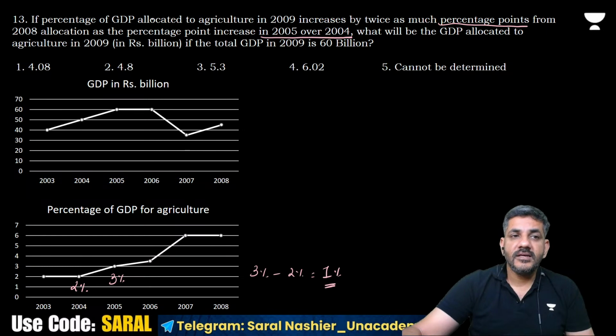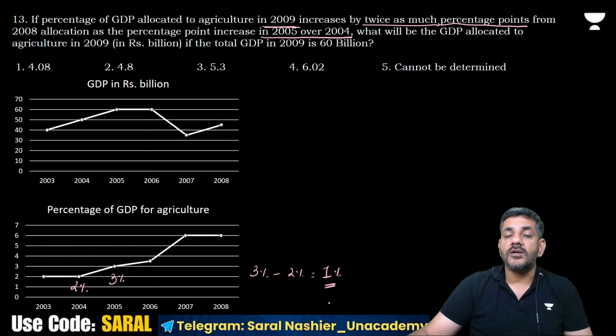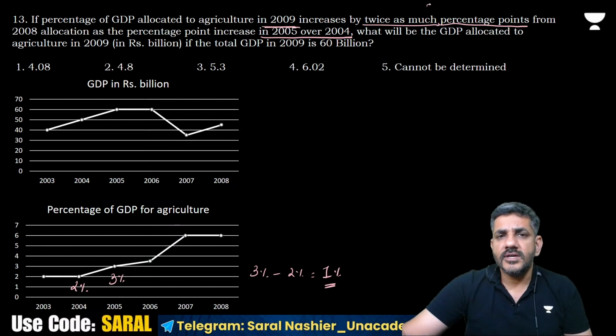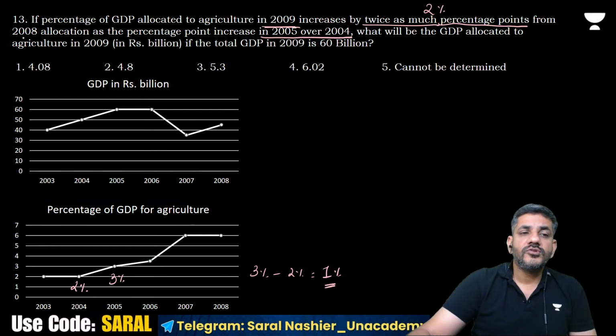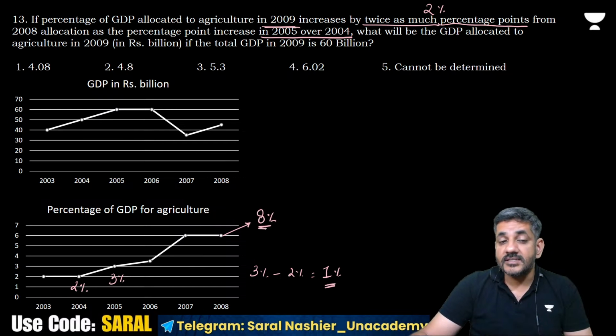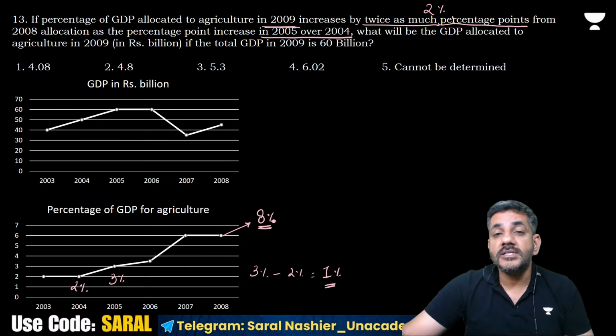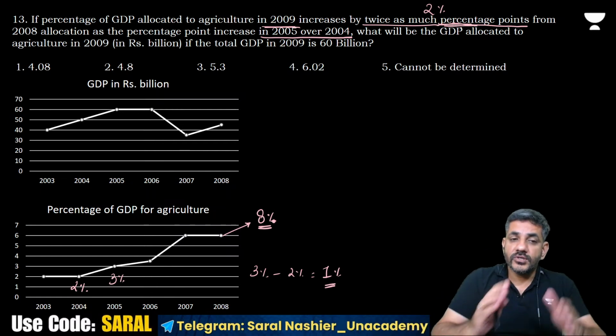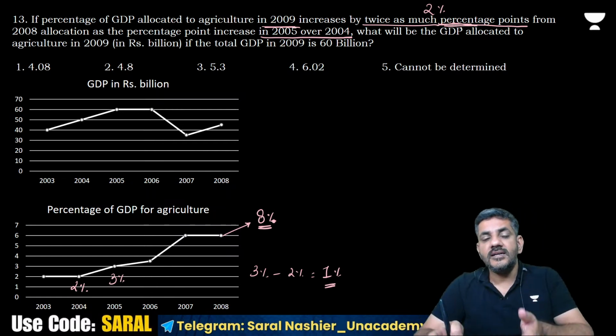And he says the percentage allocation in 2009 increases by twice as much as this. Twice of one is 2%. So it increases by 2% from 2008. From 2008, if something increases by 2%, it will become 8%, so 6% plus 2% is 8%.